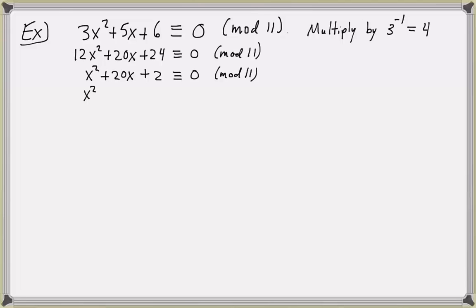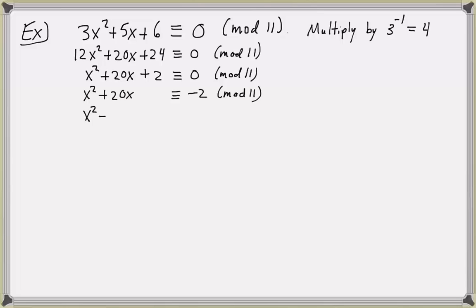Then getting the constant term to the other side, this is congruent to negative 2 mod 11. Now we complete the square. I'm going to take 20, divide it by 2, and square it, and I get 100.